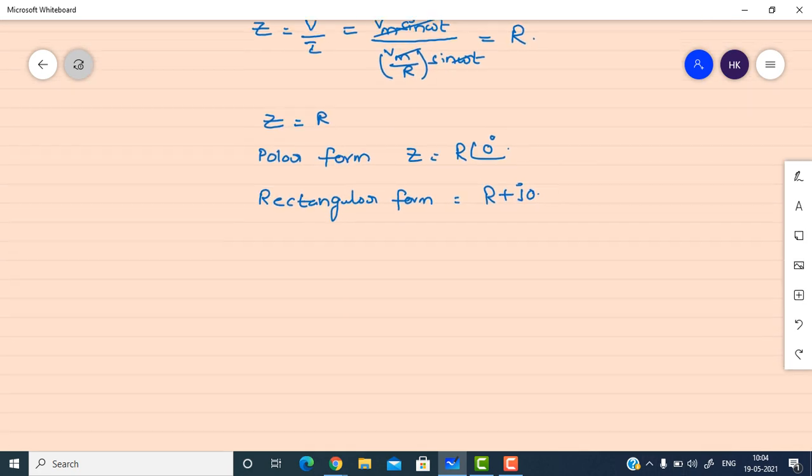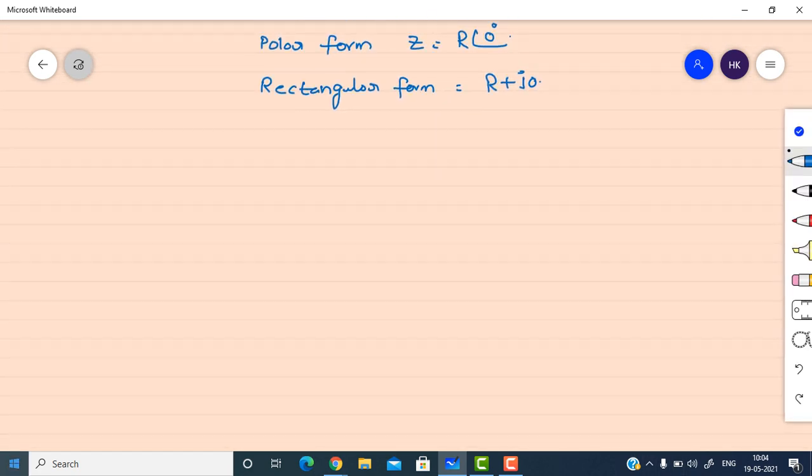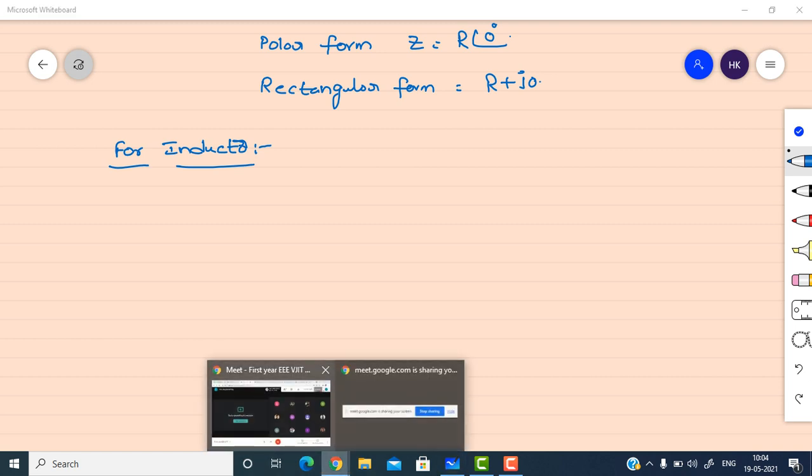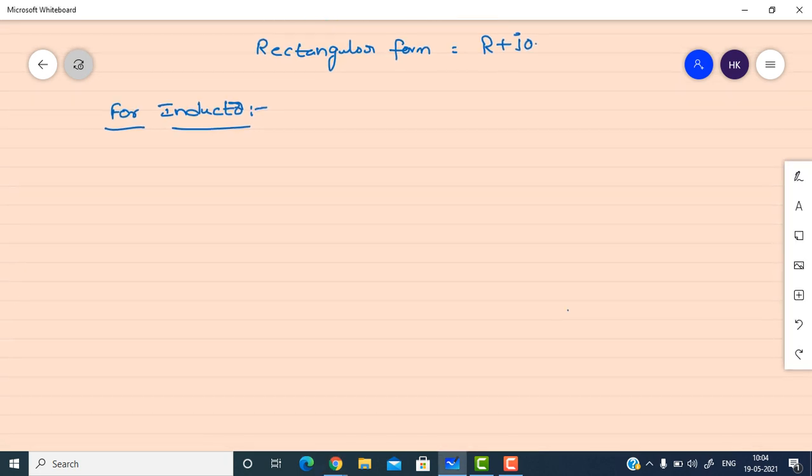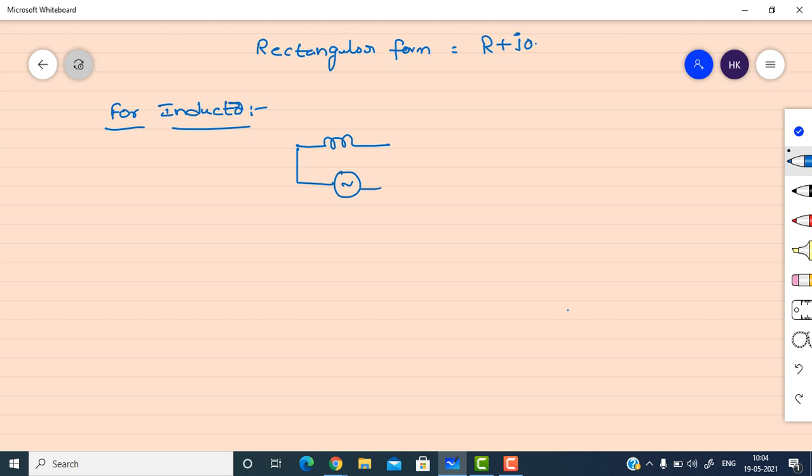Now let's see in the case of inductor. Impedance for inductive circuit. Take the inductive circuit and apply AC voltage to that.